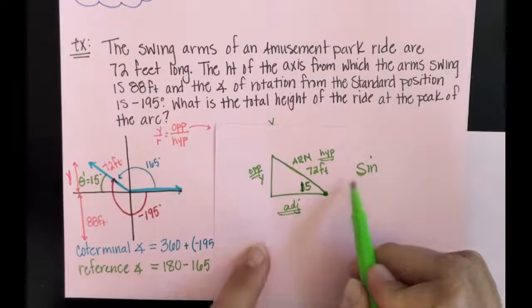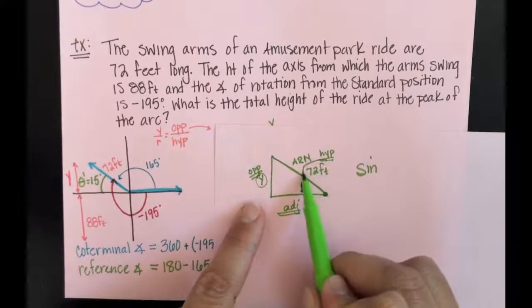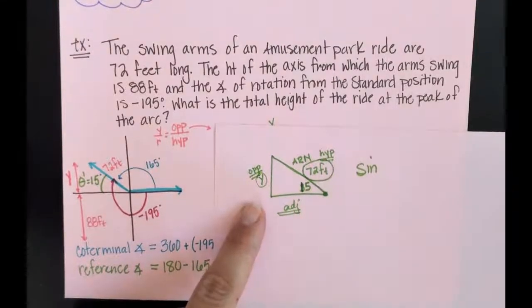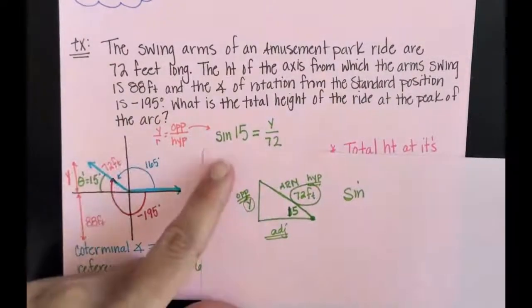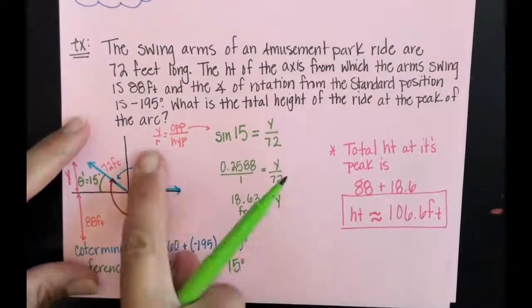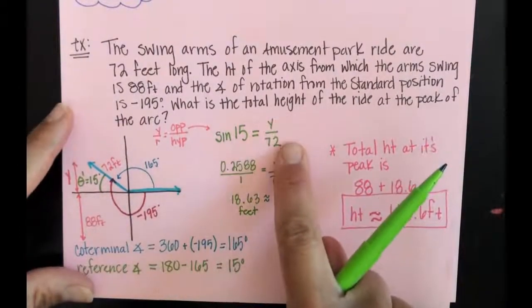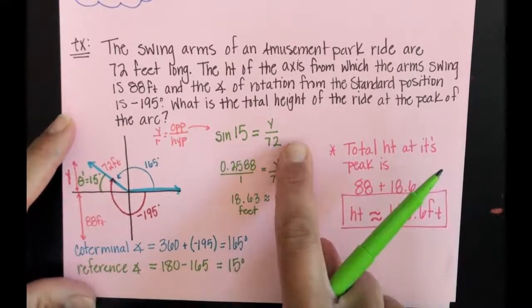So we have sine because y is our opposite side. The radius of how this arm is going to swing is our hypotenuse. So when we did this, that's why sine 15 is going to equal opposite over hypotenuse, or y over r, the vertical distance and the radius of this pendulum swing.